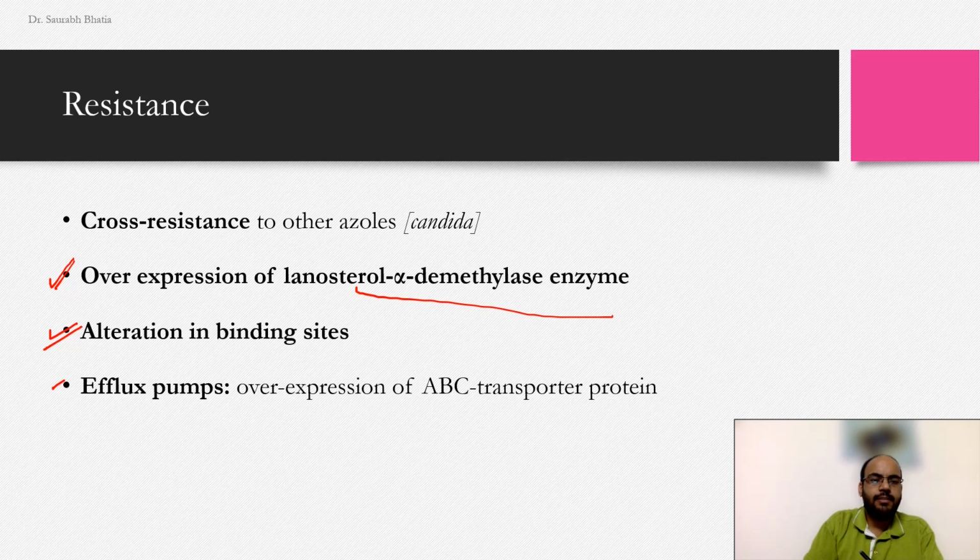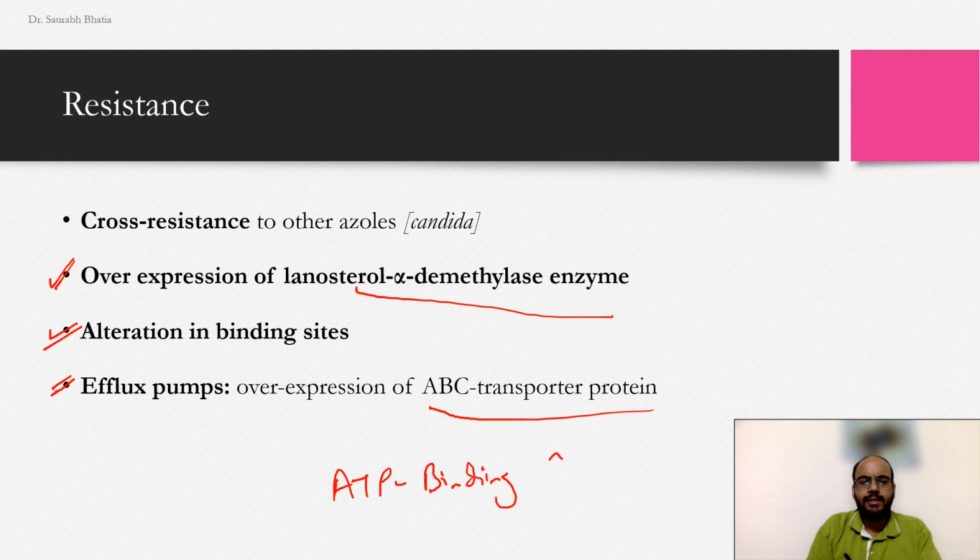Other is the efflux pump. Efflux pumps are majorly the ABC transporter proteins. Now what is ABC? ABC is the ATP binding cassette group of proteins, which are very important transporter proteins, and when they are overly expressed, they will throw the drug outside the cell wall.